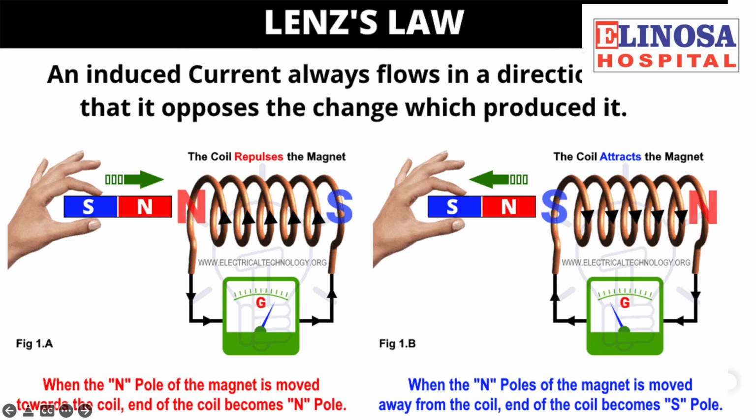An induced current always flows in a direction such as to oppose the change which produces it. That is known as Lenz's law. You do not need to draw the diagram to explain Lenz's law, but you need to understand it.